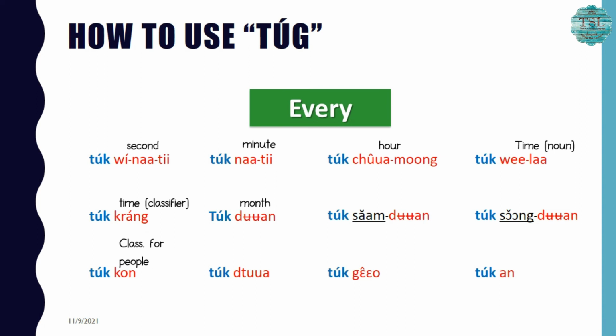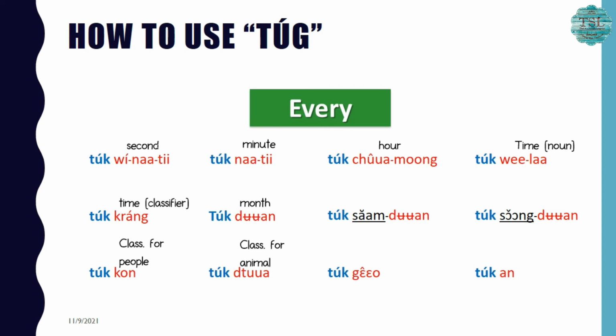ทุกตัว. ตัว is a classifier for animals and also clothes and furniture, but in this case I assume it as a classifier for an animal.